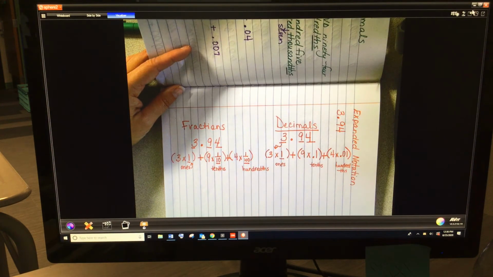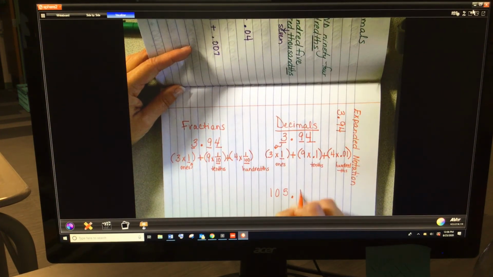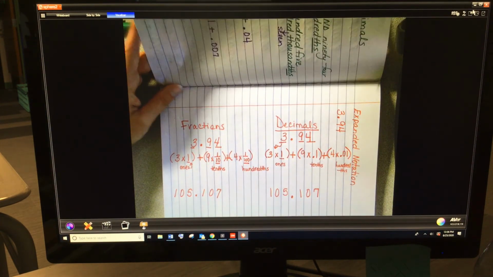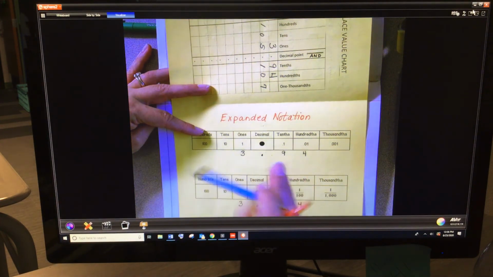All right, let's try our second number. It was a little bit bigger, but I bet we can do it. So we had 105.007. So I'm going to write that twice. 105.007. Okay, let's go back to our chart. I'm going to write it on both problems.